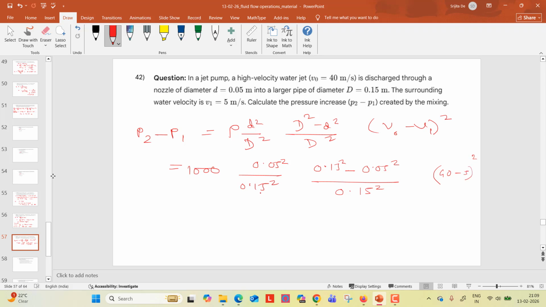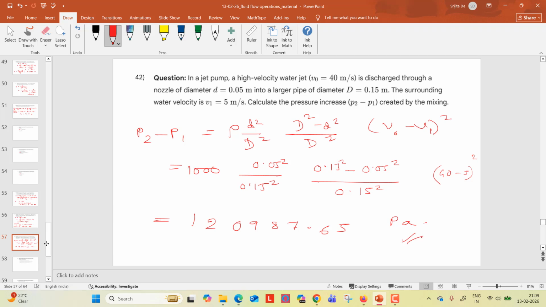So it is coming as 120987.65 Pascal, right?